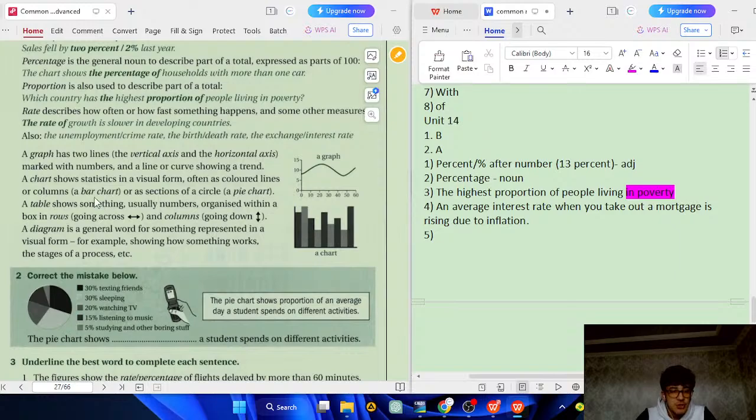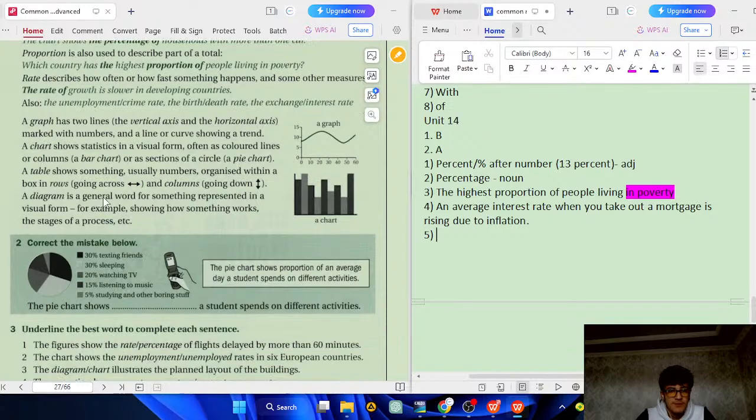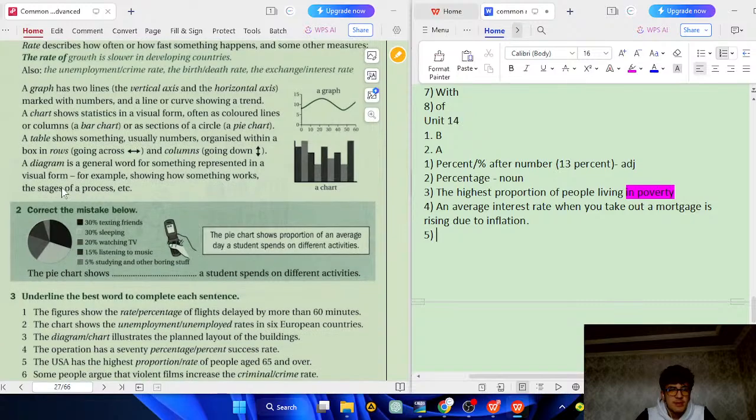A table shows something, usually numbers, organized within a box in rows going across and columns going down. A diagram is a general word for something represented in a visual form. For example, showing how something works, the stages of a process.